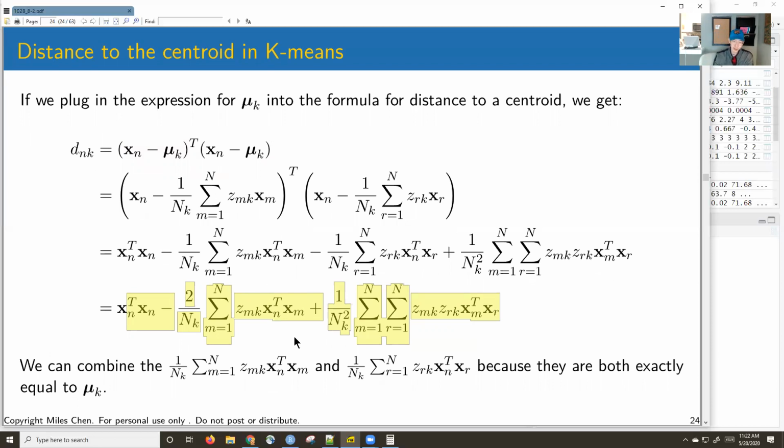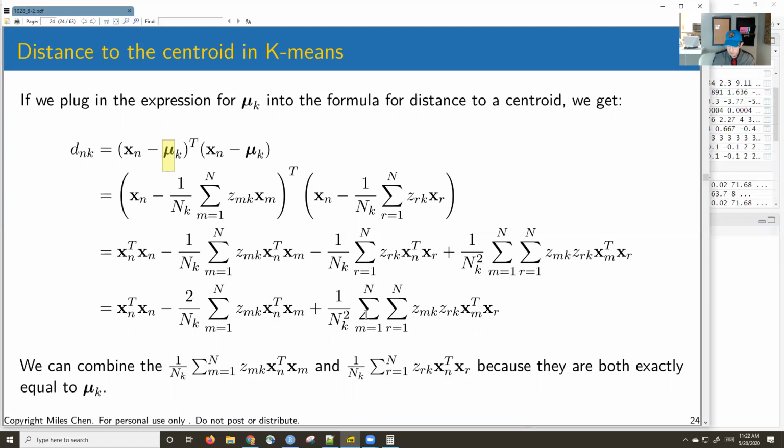The reason for this, here's the impressive thing. We've expressed the distance from point n to the centroid of cluster k without mu sub k existing in here. Without an explicit reference to mu sub k.